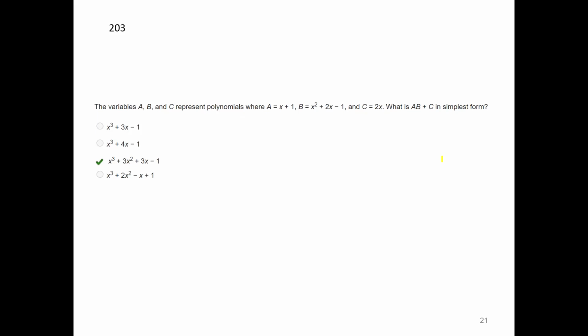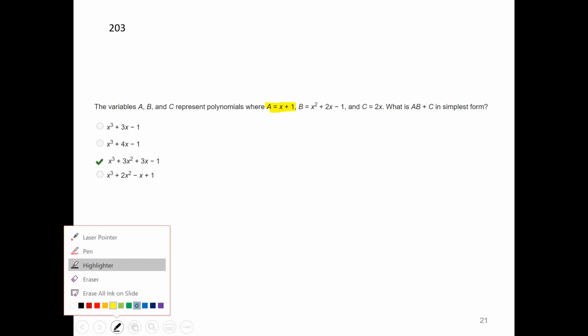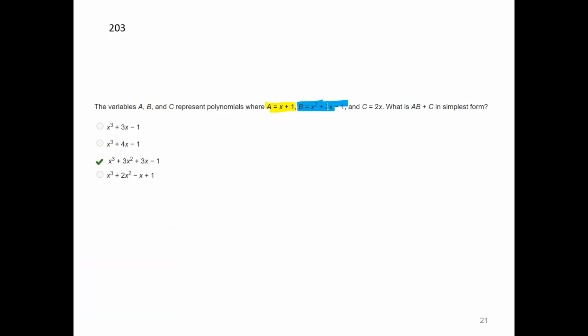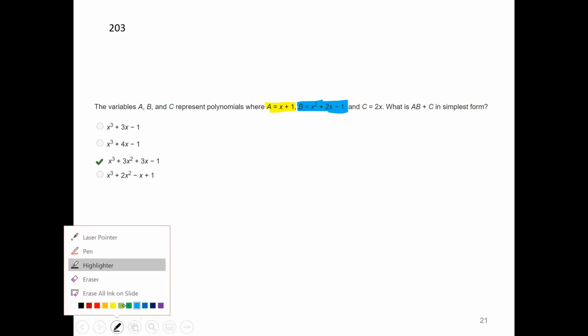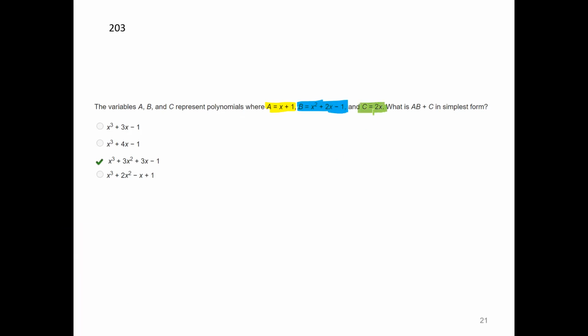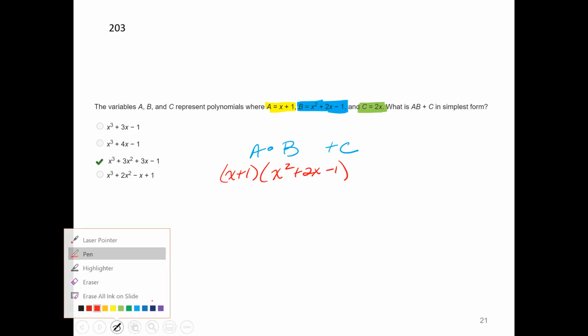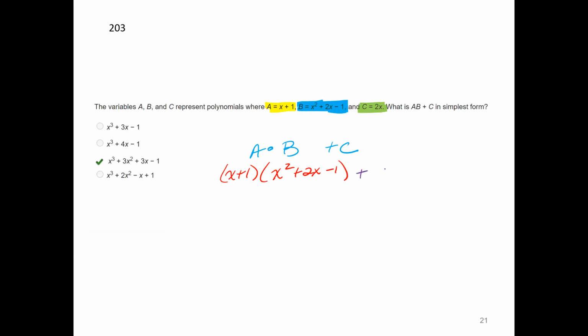Okay, looking at this, A is equal to x plus 1, B is equal to x squared plus 2x minus 1, and C is equal to 2x. What is A times B plus C? All right, so let's do this. It's A times B, so I'm going to do A, which is x plus 1, times B, which is x squared plus 2x minus 1, and then plus C, which is 2x. So I'm going to have to multiply and then add.